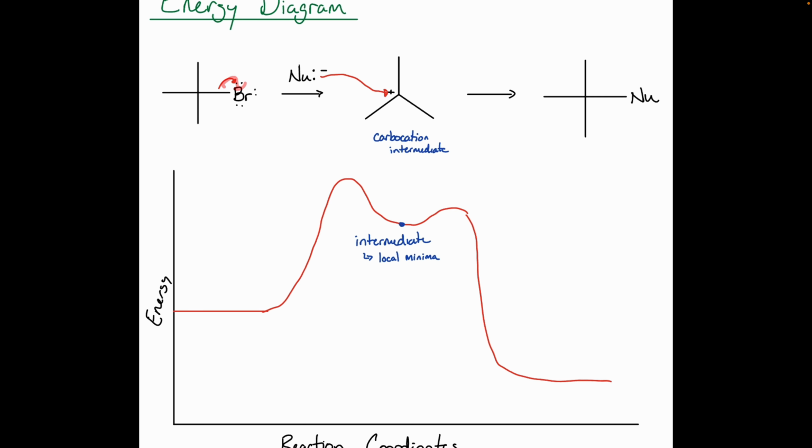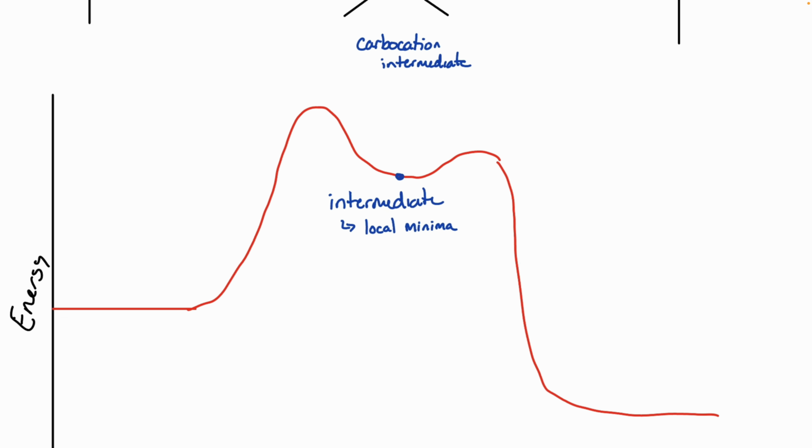Our leaving group leaves, and then our nucleophile attacks that carbocation intermediate. We can see these two steps in our energy diagram as well, because we go up through our first transition state, then we're down at this intermediate, and then up through a second transition state before we get to our product side. All right, so just note, we do still have transition states. This would be transition state 1.